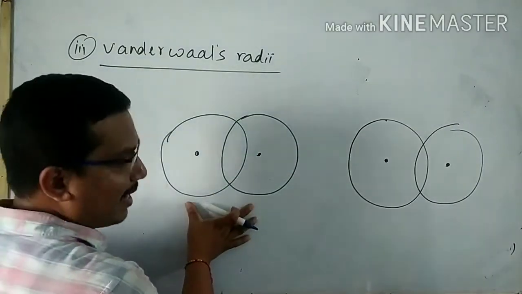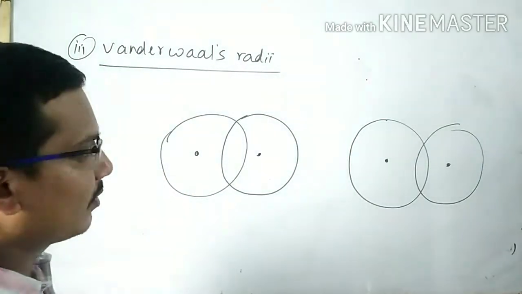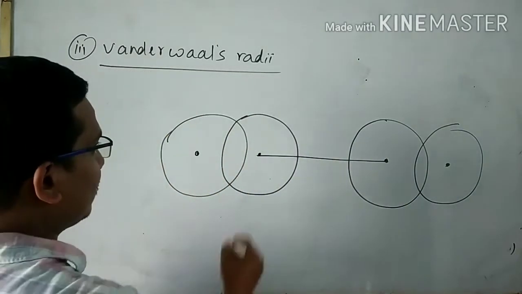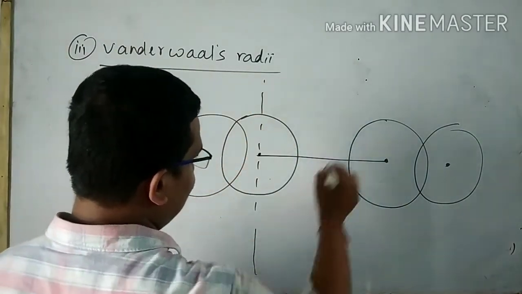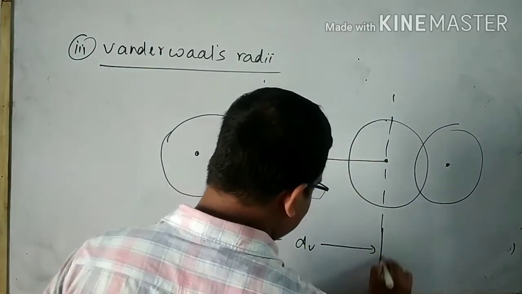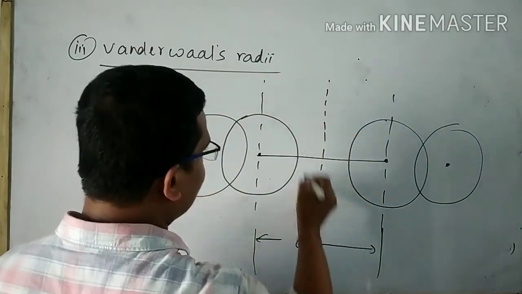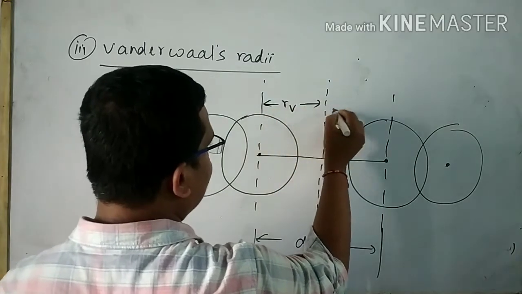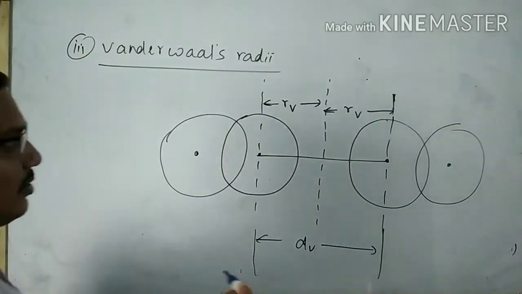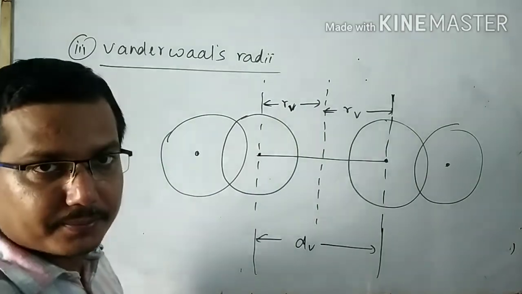This is the distance. Suppose this distance is dV. Then what is the half of dV? This is the half of dV. Suppose this is your RV, and this is also RV. Half means equal. This is said to be van der Waals radii.